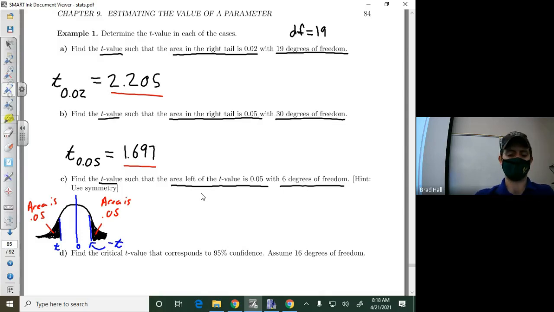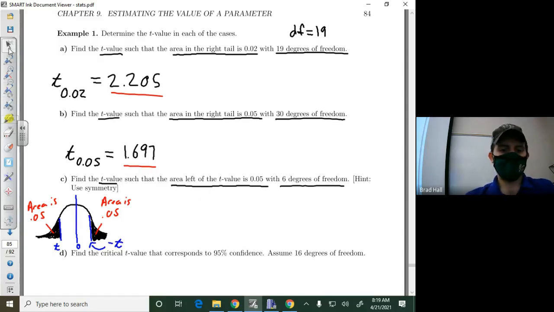Because symmetry says, let's say the answer on one side is 3, then the answer on the other side would have to be -3, because we're utilizing the symmetry around 0. So when it says use symmetry, it's basically saying, pretend like it's to the right and then just add a negative sign at the very end.